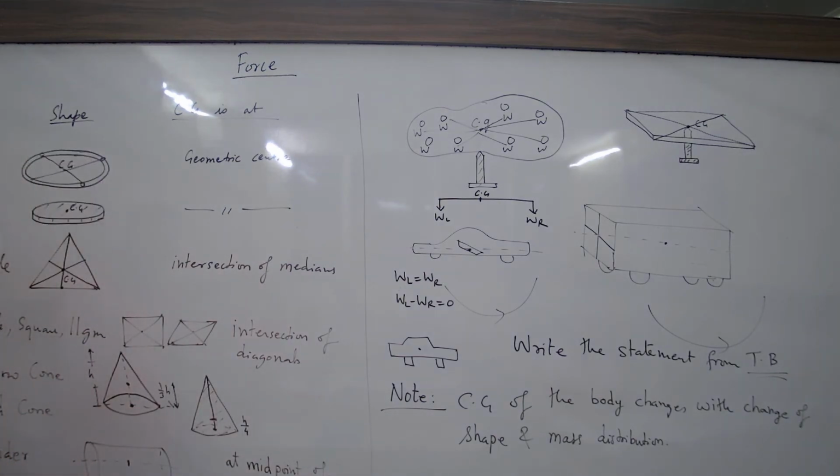Understood? Like in this case, you can see this center. When you put a line like this, at the midpoint, wherever those things meet, that point. So at midpoint of axis of cylinder.